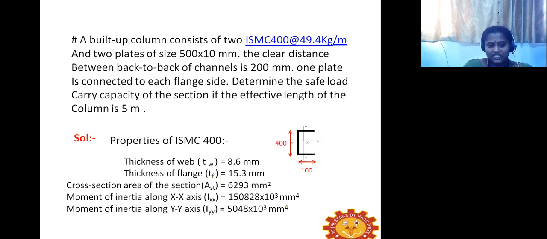What is the difference here? In general, your Iyy value will be very much less when compared to Ixx. You can check with the sections in the steel tables and the sizes available. You could see the value of Ixx will be higher and Iyy comparatively very much lesser.